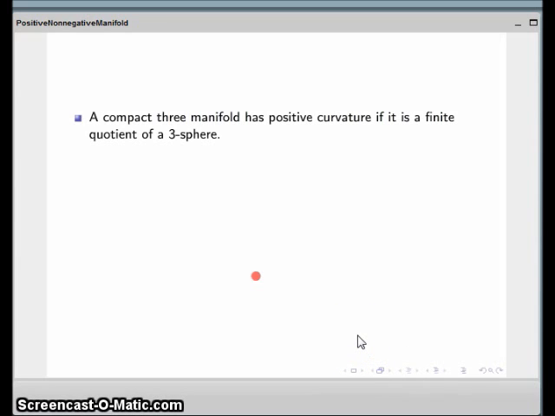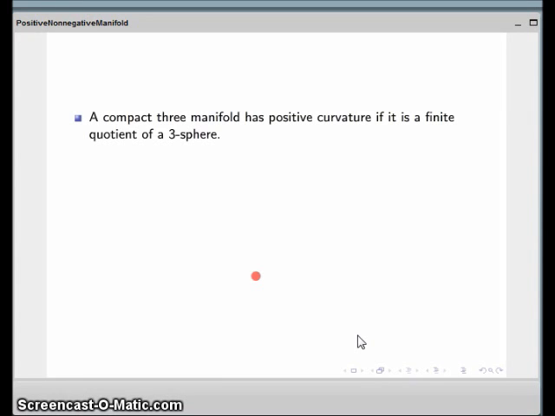Now we look at the 3 dimensions. In the 3 dimensions, we also have a similar statement. The statement says, if you have a compact 3-manifold with positive curvature, which just means the 3-manifold is convex in the high dimension, then we have the classification. If this one is a finite quotient of the sphere, this means if you look at the metric, the metric looks like the 3-sphere, and this is a finite quotient.